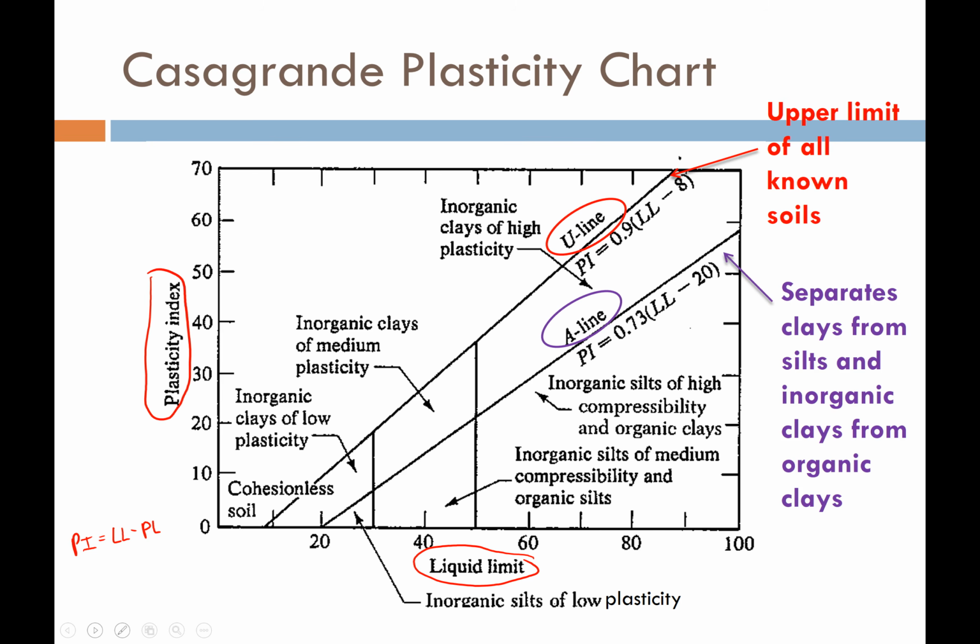And so this line generally separates clay-behaving type soils from silt-behaving type soils, and it also separates inorganic clays from organic clays. So these Casagrande plasticity charts can be very useful, because say you perform a test on a soil that you have, you can plot the Atterberg limits on this chart and get an idea of the behavior of that particular soil. So I have an interesting question for you then.